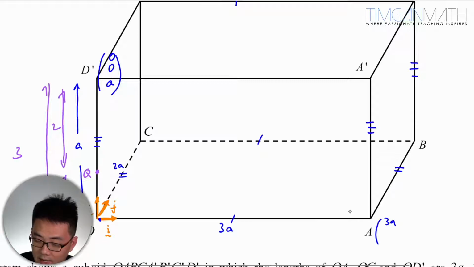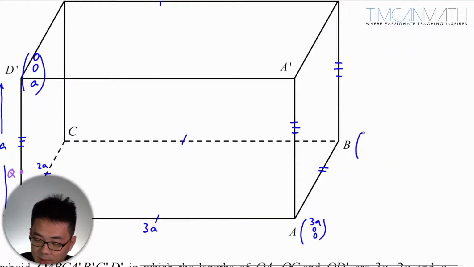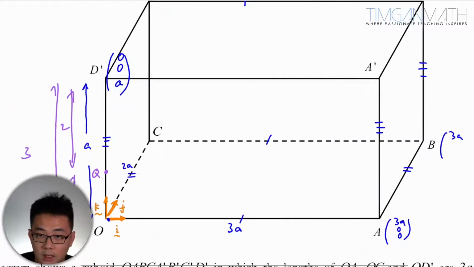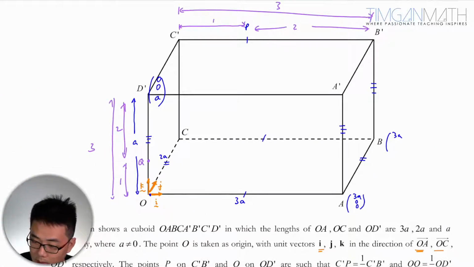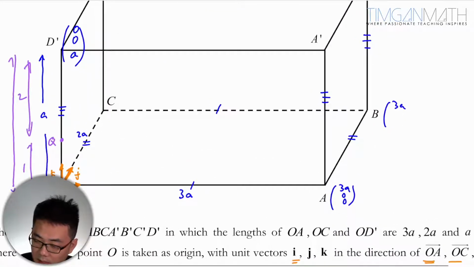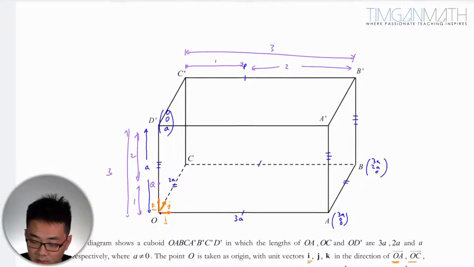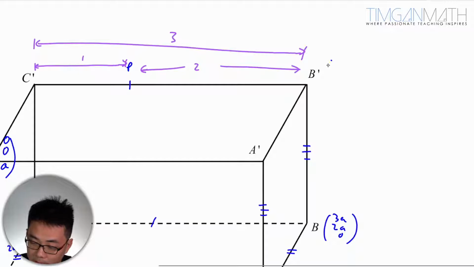Because you move along i but 0, 0 otherwise, it's good to just label everything quickly. So this is 3a, and you move 2a in this direction. So you move from here, 3a, and this is 2a. In other words, this column vector here is 3a, 2a, and 0. Reading the column vector, the position vector, is important because sometimes you need to get used to it.